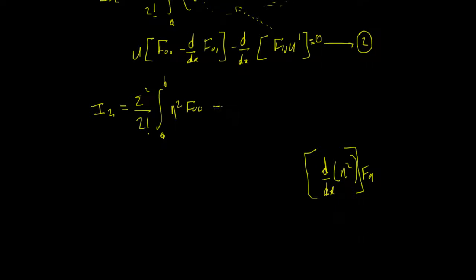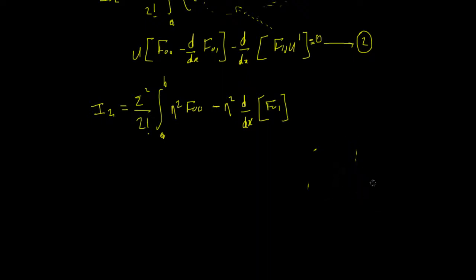You can make that a negative sign, take the eta squared out, and make f naught 1 the subject of the integration. Okay, so I'll just rub that out. And again, look at the integration by parts video, or previous videos, where you'll see that I've done that and how quickly it can be done. Okay, so that's the second term there.